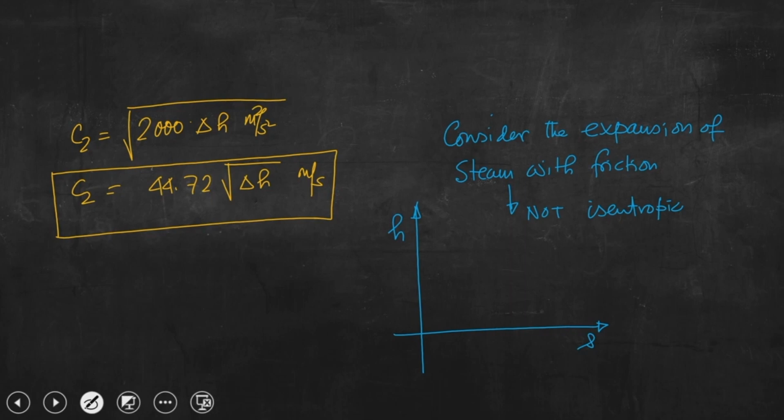So, now if we try to plot the process which is there in real flow, when that real flow is taking place in a nozzle.